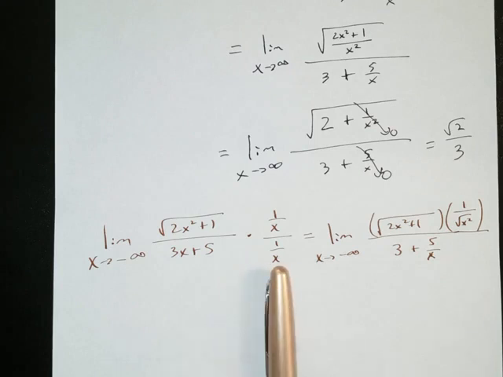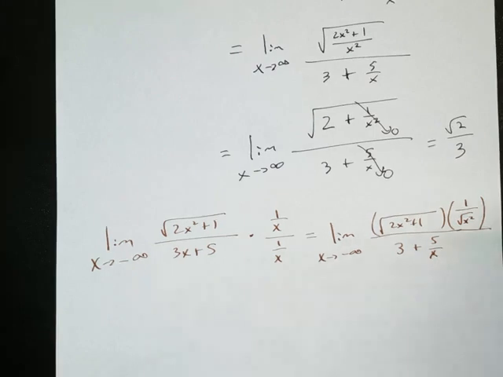Let's look at those two things. When you have 1 over x, and you're going this way, 1 over x is negative. That's positive. When you take the square root, you put the plus or minus on the outside. And we didn't.